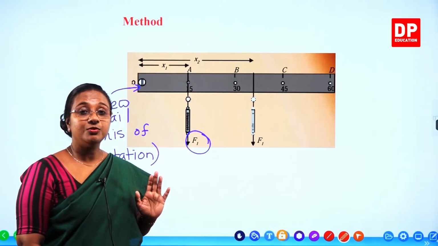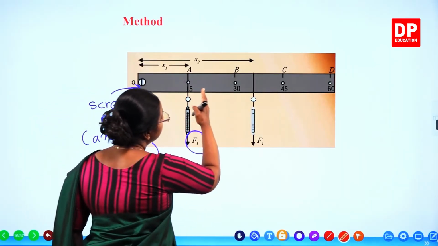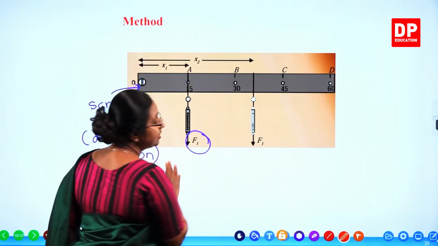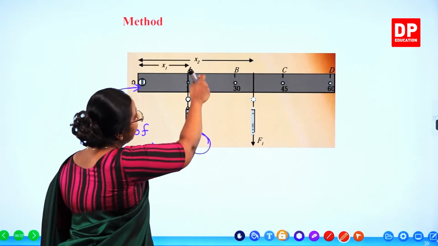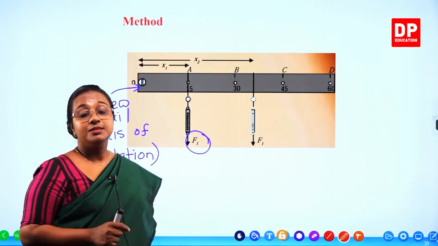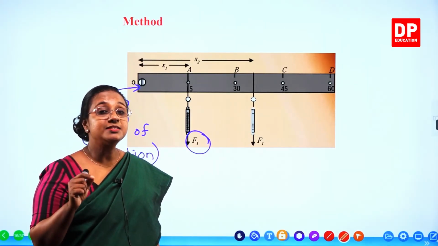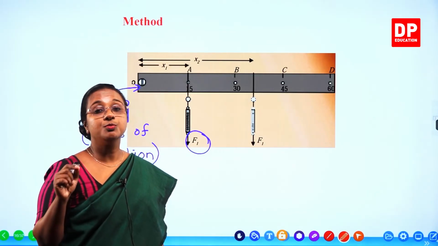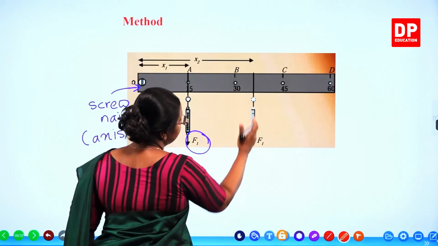So then what we do is, we have the same value, but we move the Newton balance towards point B. So when you keep on moving it little by little and you try to pull the strip of wood, you have to come to a point where the strip of wood just starts to move. Let's say when the Newton balance is somewhere here.